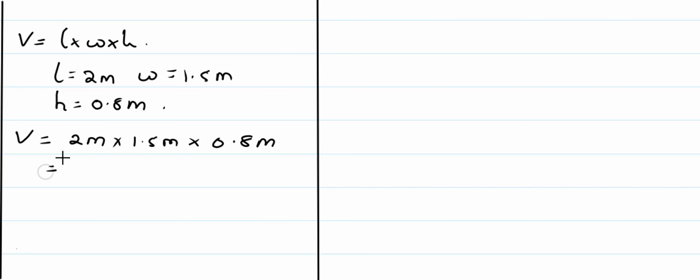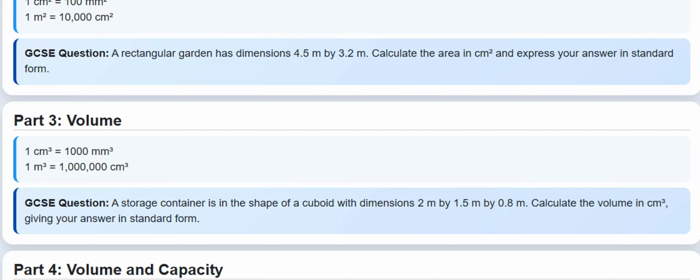Then from there, we can multiply it. When we get 2 multiplied by 1.5, it will be 3 meters. Then we multiply by 0.8, it will be 2.4 meter cubed. And that is the volume in meter cubed. But in the question, you are told to give the answer in standard form and of course in centimeter cubed.